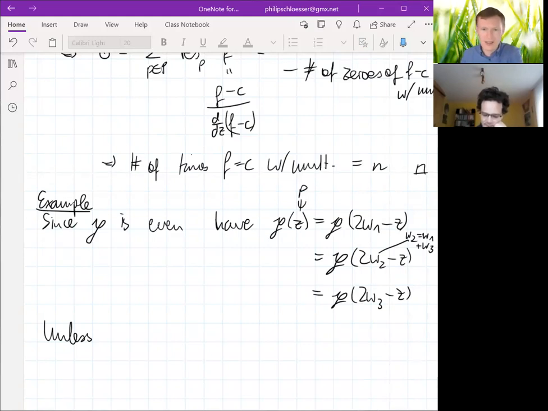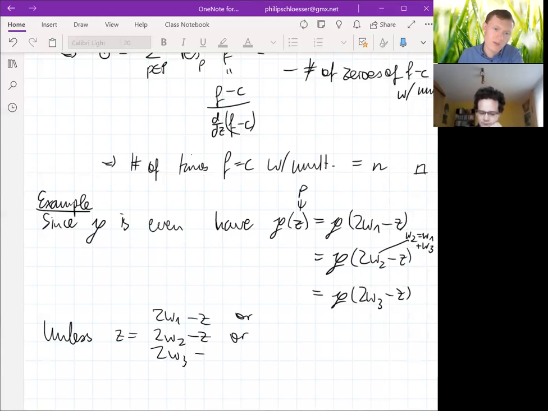So unless those happen to be equal, unless Z happens to be 2 omega 1 minus Z, or 2 omega 2 minus Z, or 2 omega 3 minus Z, the value P of Z is attained twice.